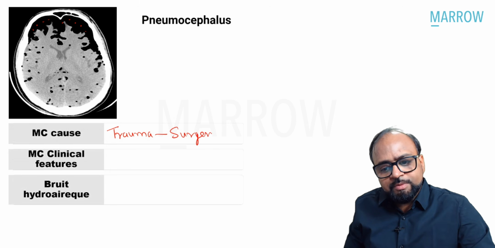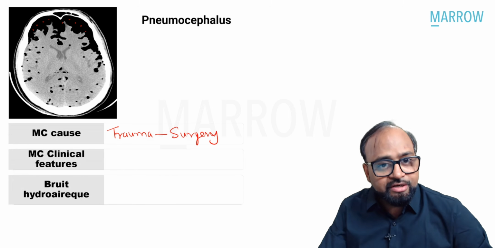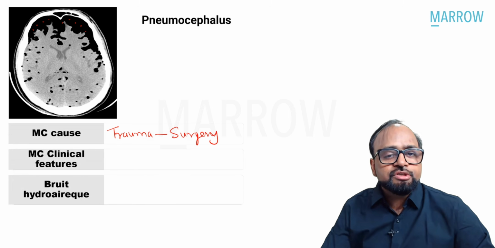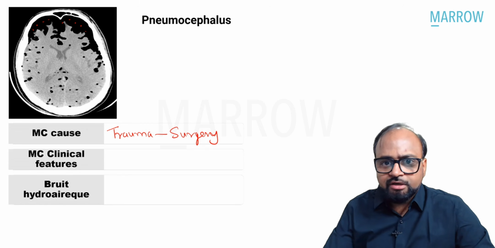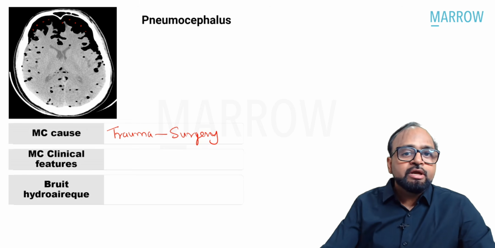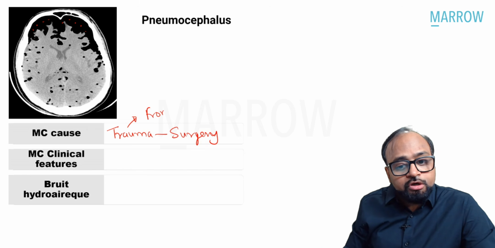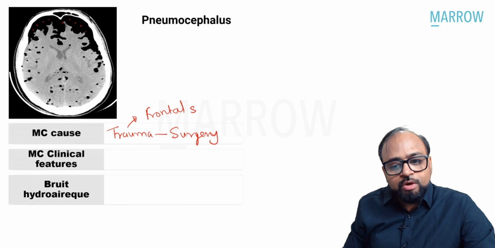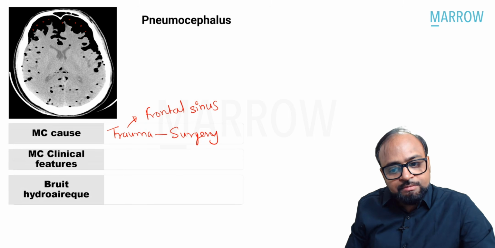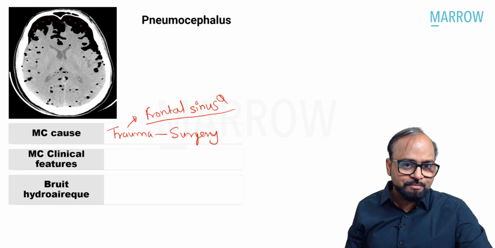If the patient has undergone a surgery, say a craniotomy or brain tumor excision surgery, then you may expect a little bit of pneumocephalus immediately post surgery. In trauma, it is mainly injuries involving the frontal bone, because there you have the frontal sinus, and that is the most common site of entry of air into the cranial cavity.